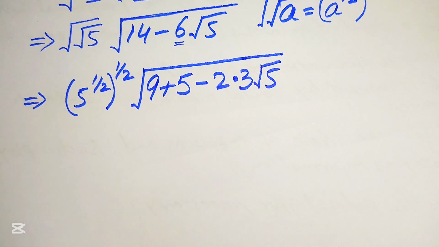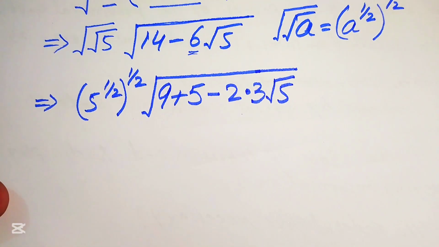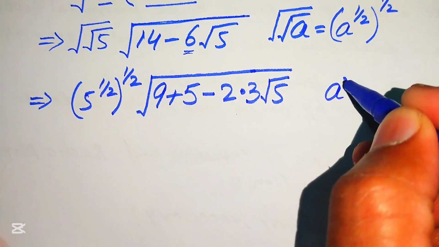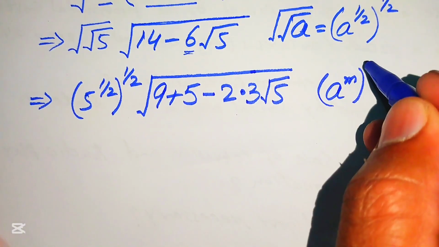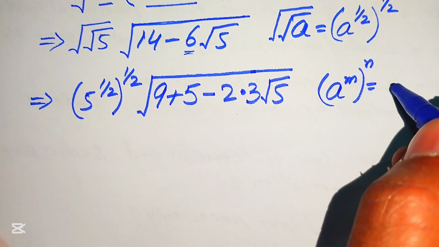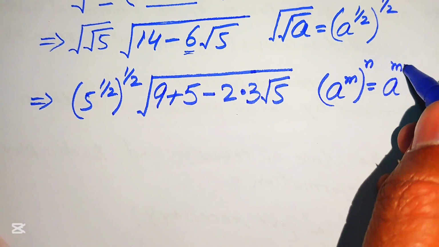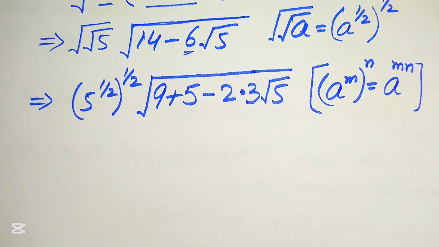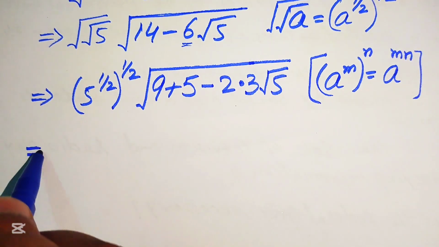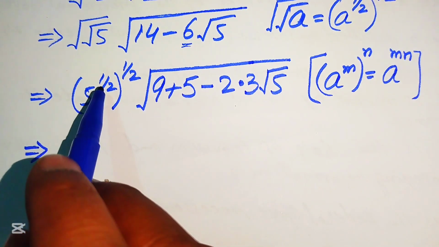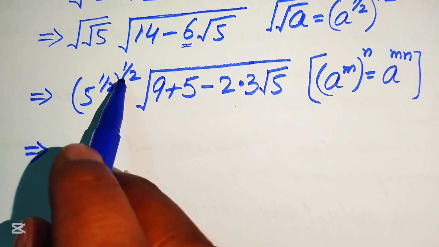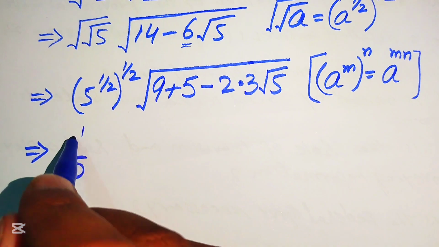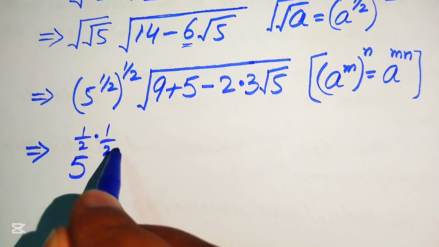Now we need to apply the exponent law. If we have a to the power of m to the power of n, it equals a to the power of m multiplied by n. According to this exponent law, we multiply 1 over 2 by 1 over 2, and it is written as 5 to the power of 1 over 2 multiplied by 1 over 2.